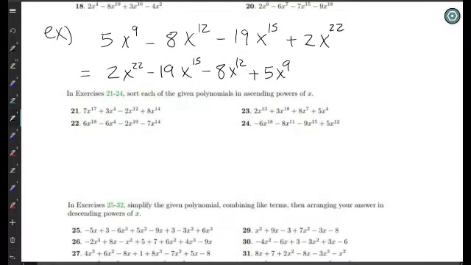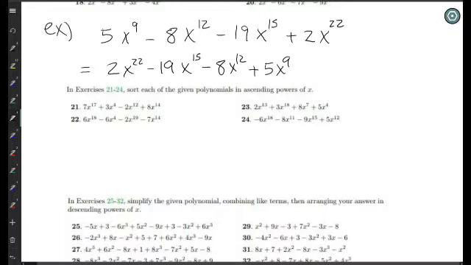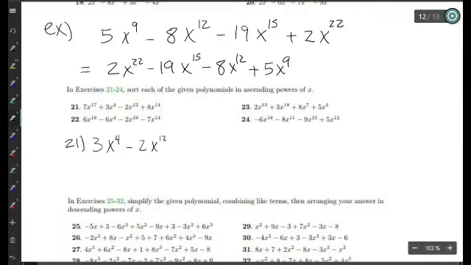There you go. So sort each of the given polynomials in ascending powers of x. So ascending means increasing from left to right. So for 21, we would have 3x to the 4th, and then minus 2x to the 12th, then plus 8x to the 14th, and plus 7x to the 17th.